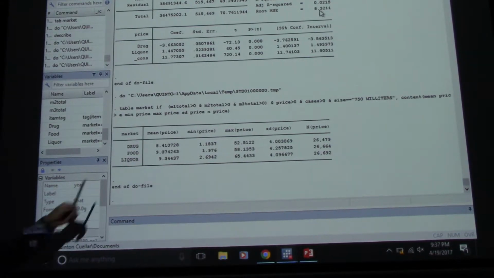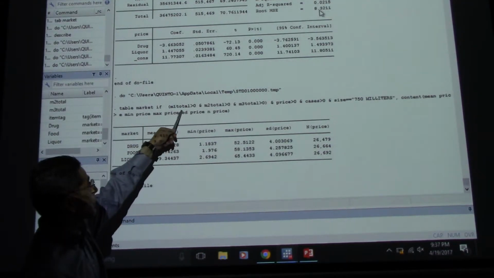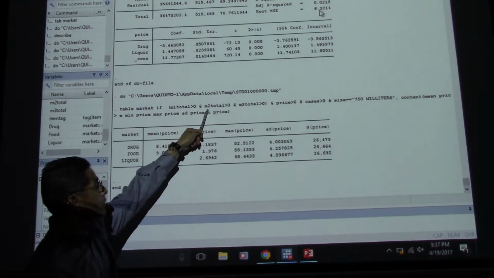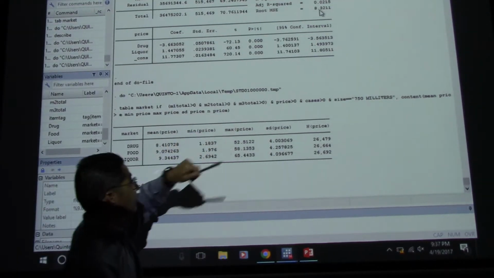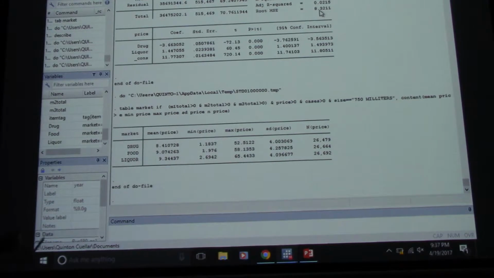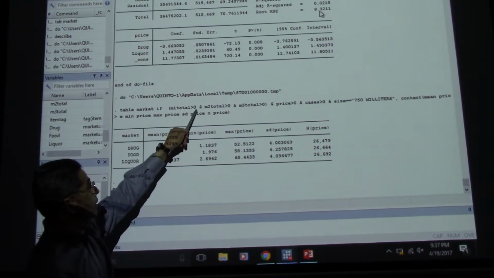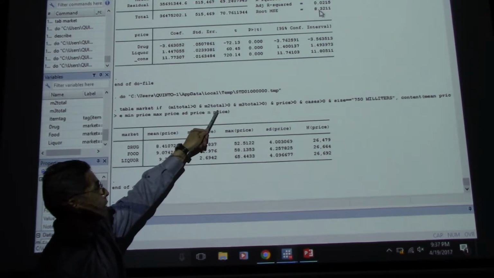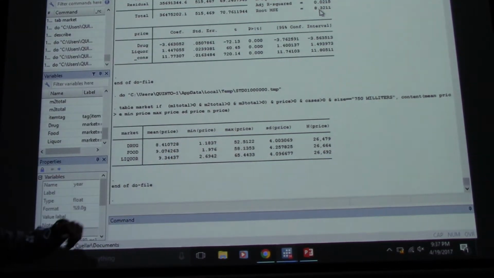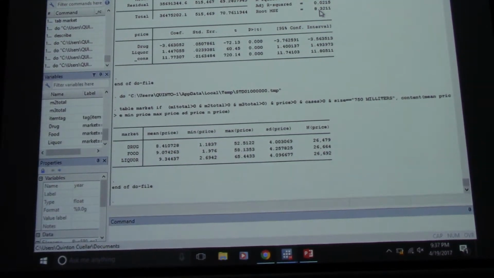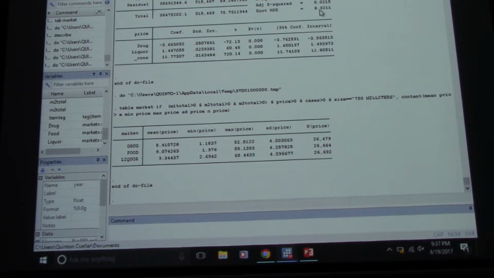It creates M1 total if you're in market 1, M2 total if you're in market 2, and M3 total if you're in market 3. Now, we set M1 total greater than 0, and M2 total greater than 0, and M3 total greater than 0. That identifies only wines that are sold across all 3 markets.